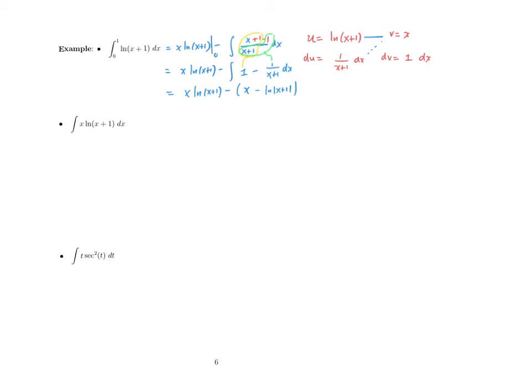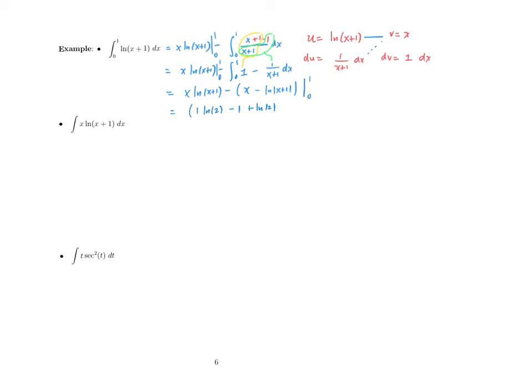We go through and we need to evaluate in each step from 0 to 1, whereas at the end we just need a single evaluation from 0 to 1. So let's just go ahead and take care of this. Replace each and every x with a 1. 1 natural log 2 minus 1 plus the natural log of 2.